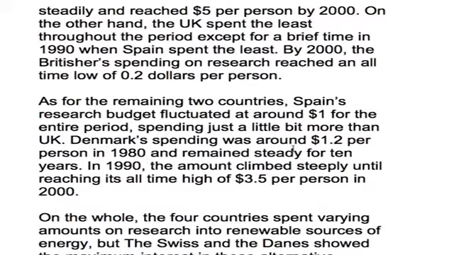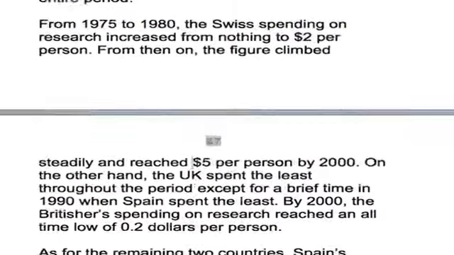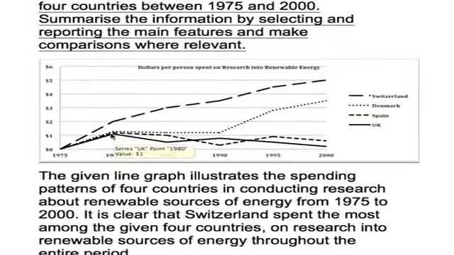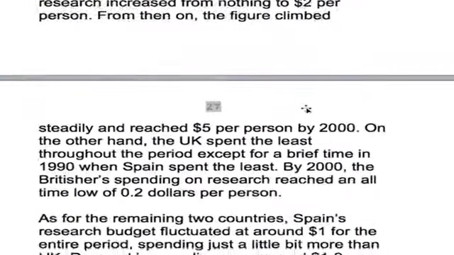Denmark's spending was about $1.2 per person in 1980. This is slightly more than 1, so it's 1.2 approximately per person in 1980. And from 1980 to 1990, you can see this spending remained stable, and after that there was a sharp rise and it reached approximately $3.5 per person by 2000.